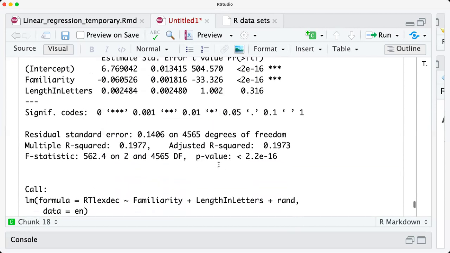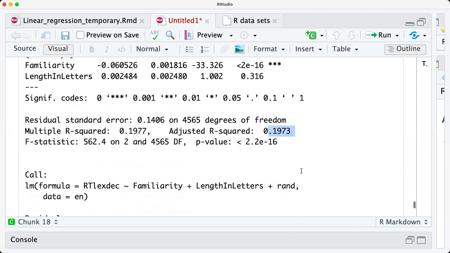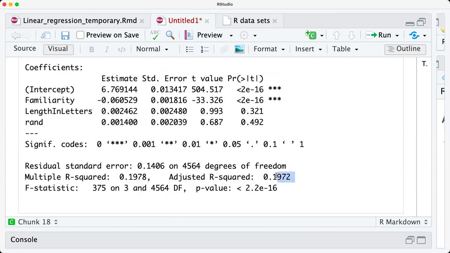But let's look at the adjusted R squared, which has decreased. This is a sign that the variable we added should not have been added, which is indeed the case because I defined a column completely randomly. I cannot use it as a predictor.